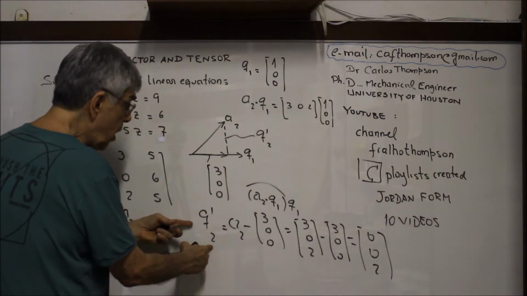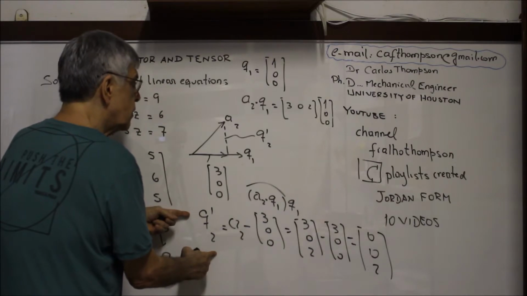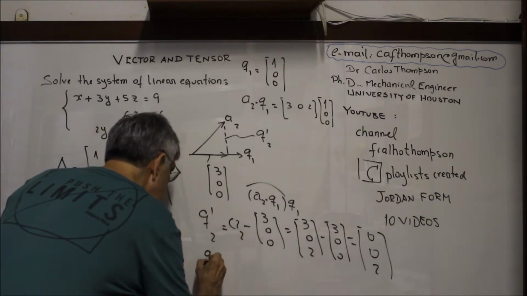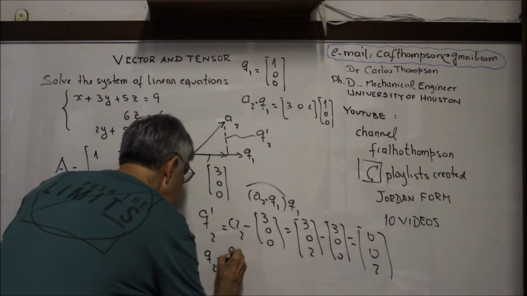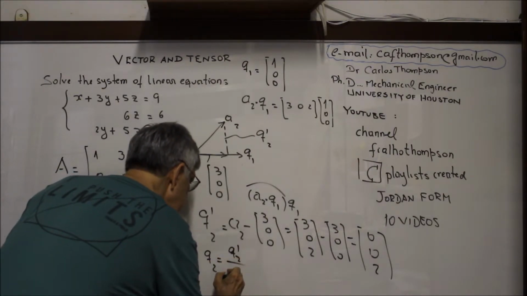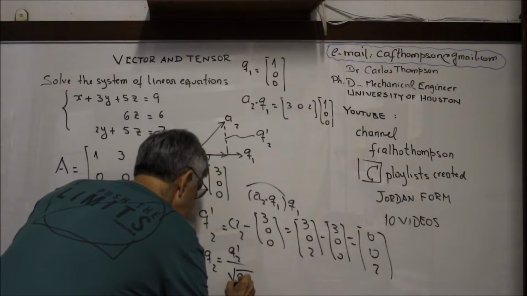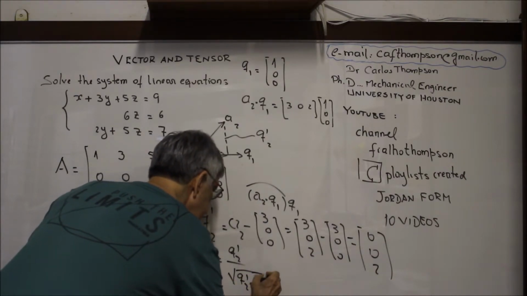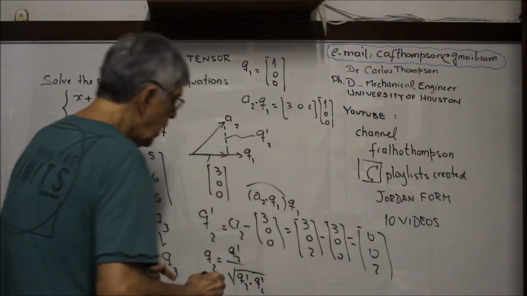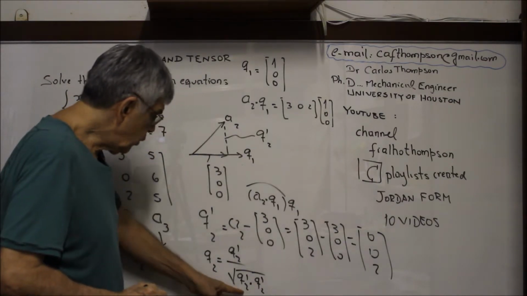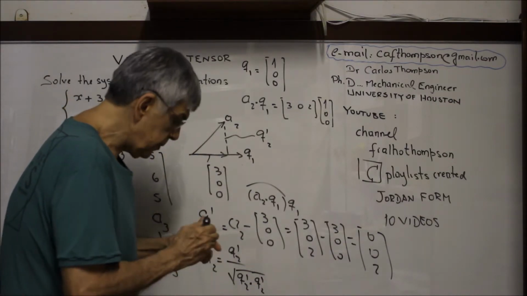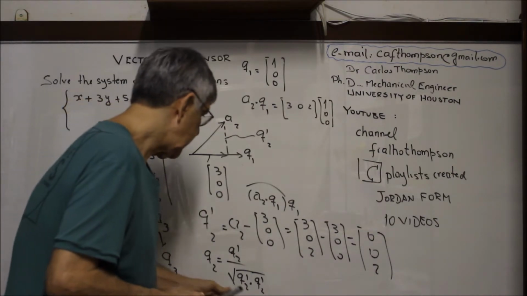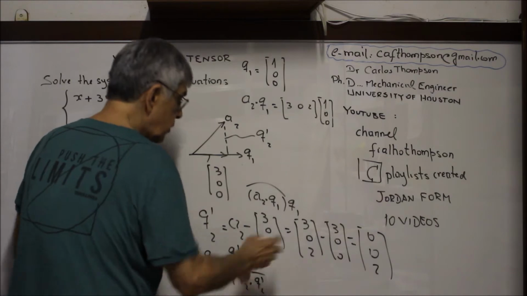Okay? Now, I don't want q prime 2. I want Q2. So, Q2 is equal q prime 2 divided by the square root of q prime 2 dot q prime 2. Now, q prime 2 dot q prime 2 will be, in this case here, will be 4. You know why.